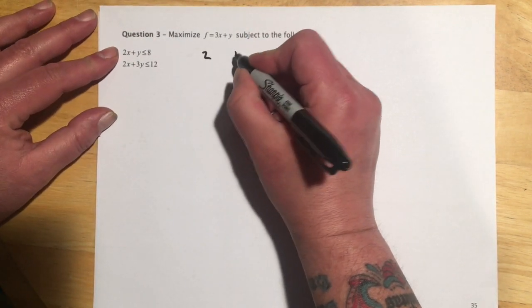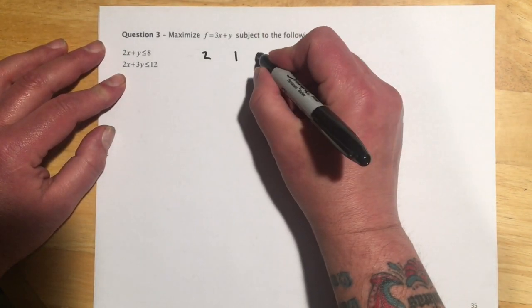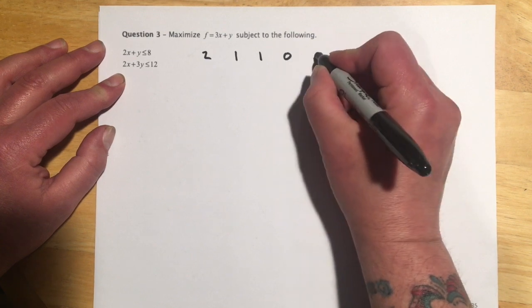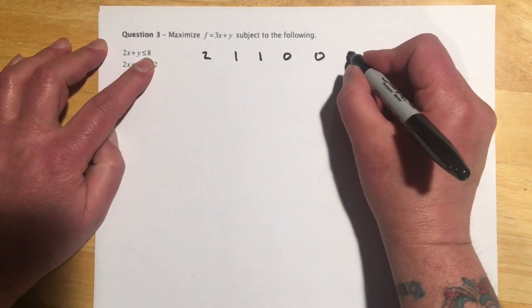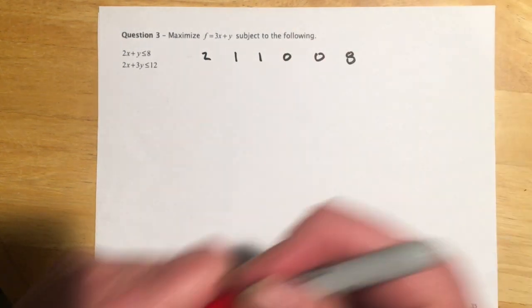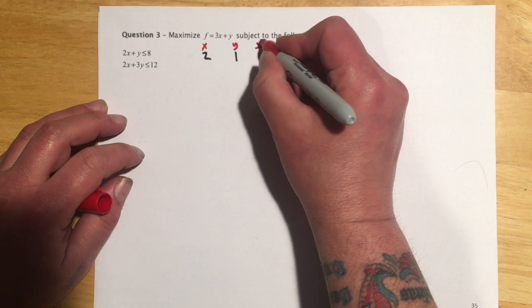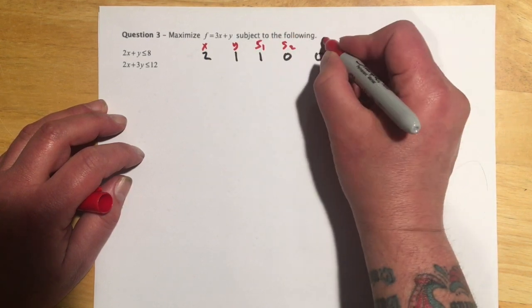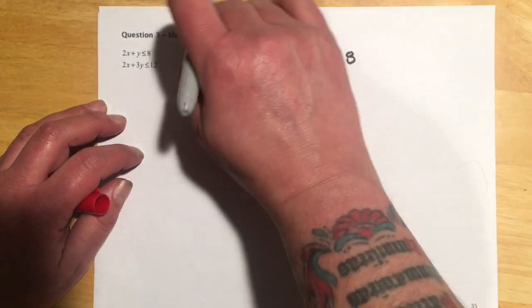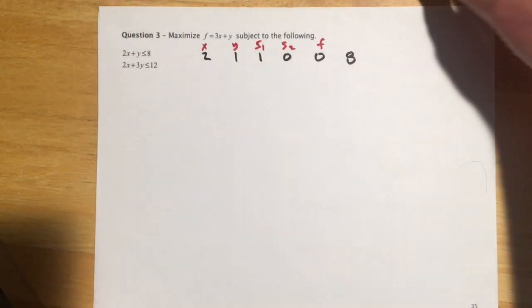So 2, 1, we have 2 equations, so we're going to have 2 slack variables in that F. So we'll do 1, 0, 0, and then 8. And let me go ahead and label those. So remember, this was our X, our Y, our S1, our S2, and then F, because we're going to bring over the X's and Y's, and then that's going to be our equals side.